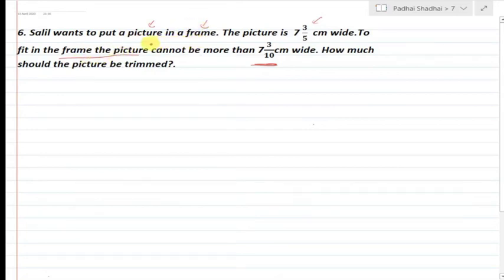The width of the picture is 7 integer 3 by 5 and the width of the frame is 7 integer 3 by 10. So first we will have to convert both widths into improper fractions. Width of the picture is 7 integer 3 by 5.